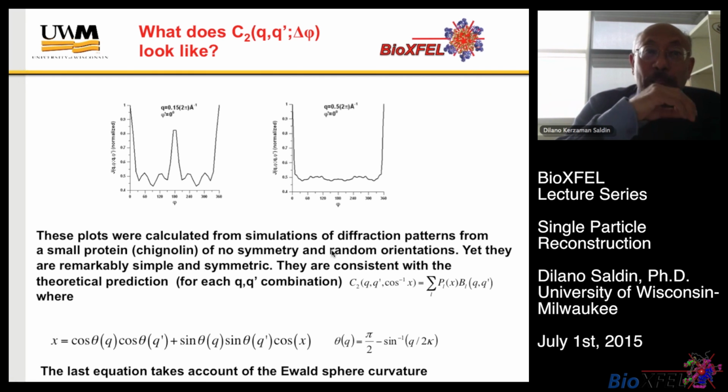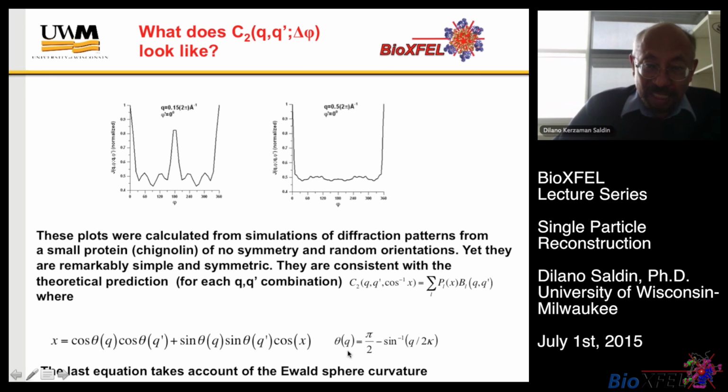This is what the C's look like roughly. There's a peak in the corner, the central peak, and then there's another peak here, and depending on which Q's you're using, you get a different pattern. As I said, the C's satisfy a relationship like this. So by inverting this equation and obtaining the B's, one can obtain the quantities B_L of Q, Q prime.